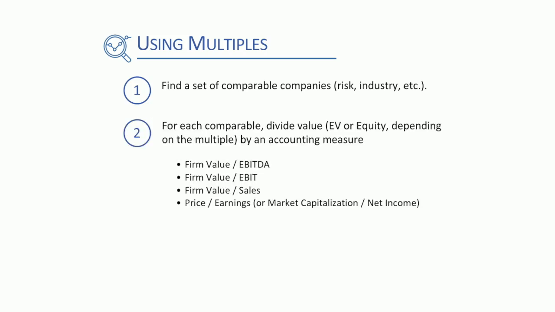Then I look at those comparable firms, and I want to compute a ratio that has some measure of value, for example, the firm value, and some measure of fundamental about that firm. So this first multiple, this first ratio, has the firm value to earnings before interest, taxes, depreciation, and amortization, which is a common proxy for the cash flows that the firm is generating.